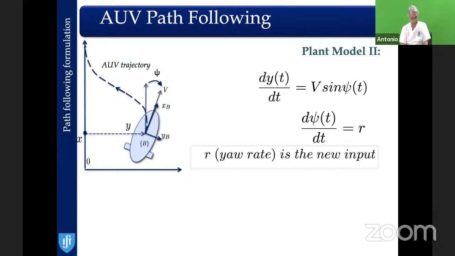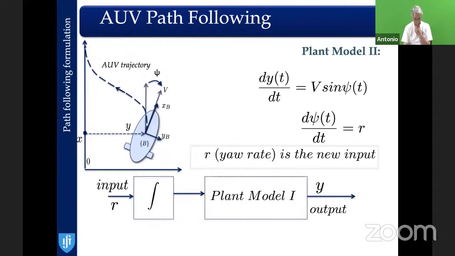So here I'm assuming that you are not going to control psi, but now you want to control this autonomous underwater vehicle through r, which is your rate. So in this case, you have this equation, but now the input is r, where r is the new input. And then at a later stage, of course, you have to design a local controller for the vessel so that when you tell the vessel, go at this rate, then the controller should be able to do that.